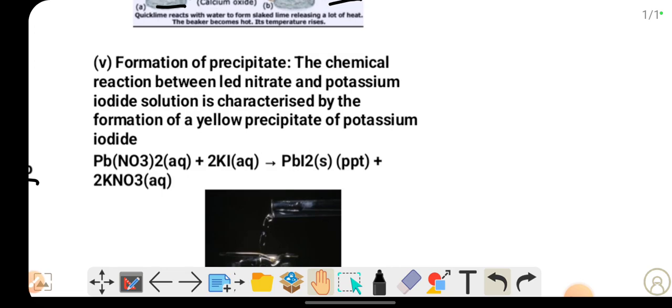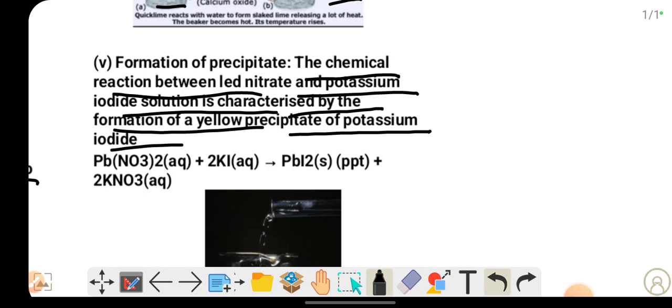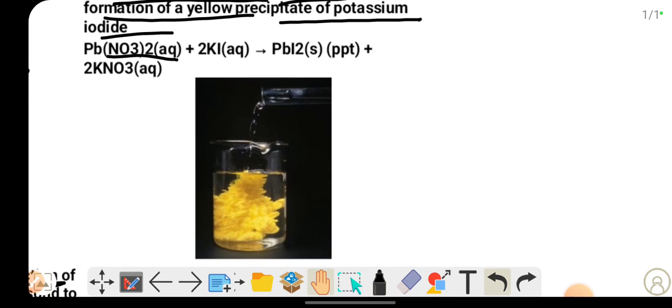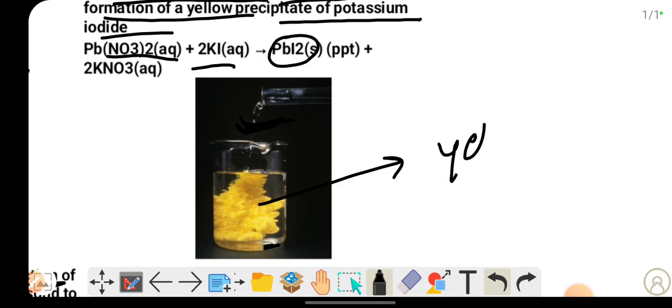And the fifth and last is formation of precipitate. The chemical reaction between lead nitrate and potassium iodide solution is characterized by the formation of a yellow precipitate of lead iodide. Here this is the lead nitrate, and when the lead nitrate is added to the solution of potassium iodide, then lead iodide, this compound, forms as a yellow color precipitate.